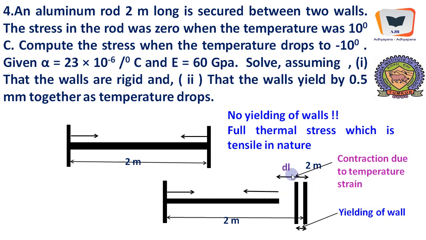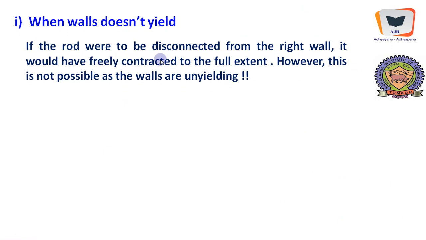Therefore the difference between this and this will be the prevented contraction. When the walls don't yield, if the rod were to be disconnected from the right wall, it would have freely contracted to the full extent. However, this is not possible as the walls are unyielding.